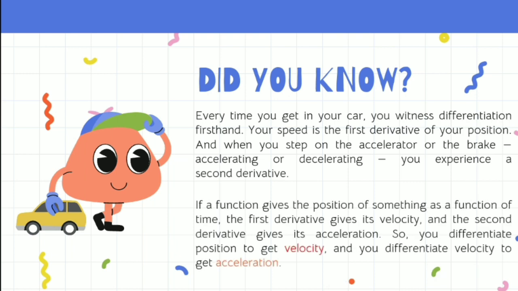If a function gives the position of something as a function of time, the first derivative gives its velocity, and the second derivative gives its acceleration. So, you differentiate position to get velocity, and you differentiate velocity to get acceleration.